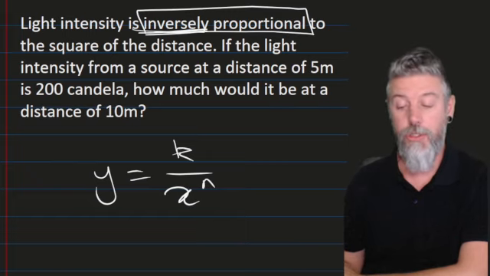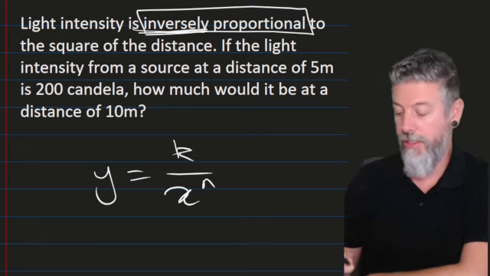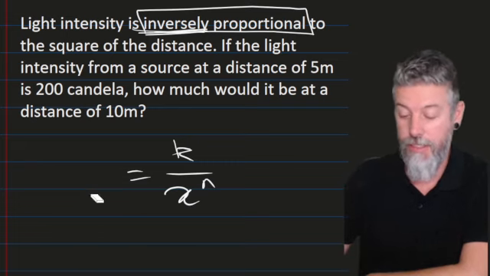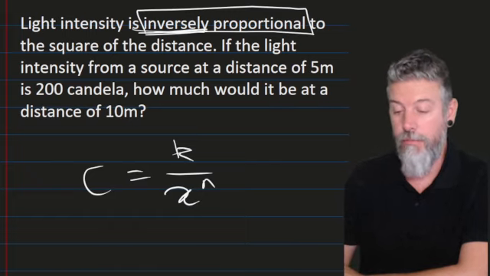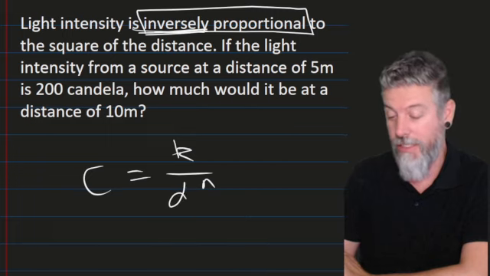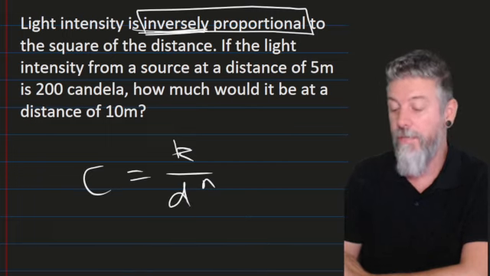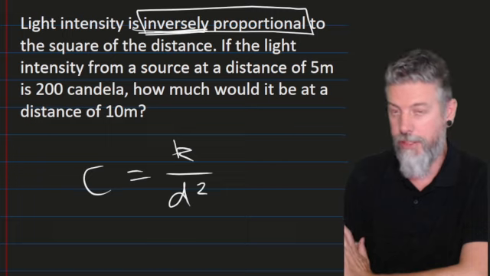Light intensity I'm just going to call C, not Y, because it's in the units candela. And then the square of the distance. So now I'm going to change x to a d calculation because it's distance, and I was told it was the square of the distance. Those are the things that are changing in our equation.